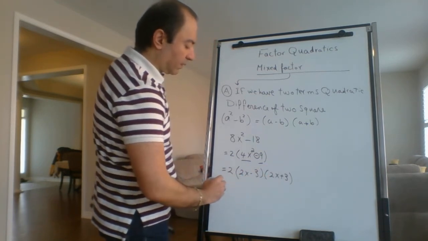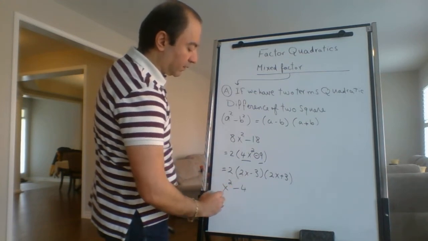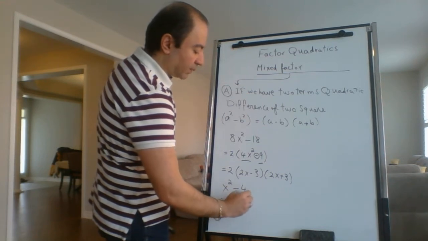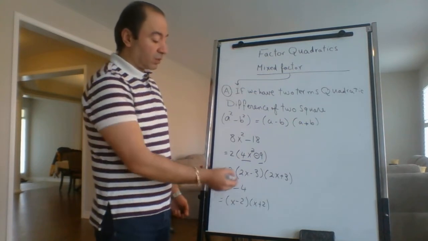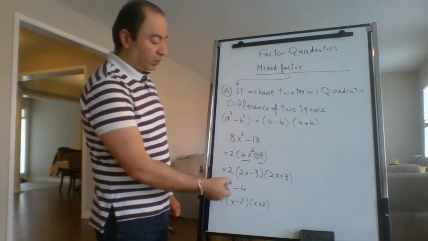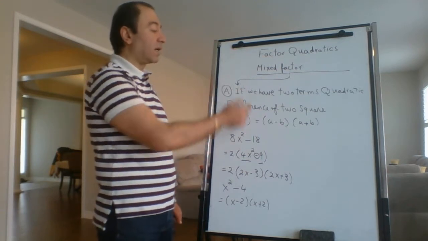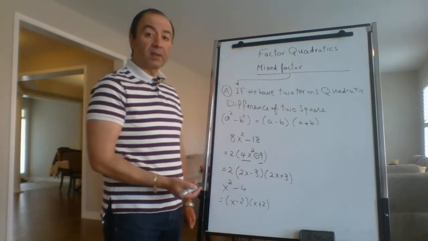Another example, if we have x squared minus 4, we factor this as x minus 2, x plus 2. So there is no common factor, I just looked, and found a perfect square minus a perfect square. That means I have to factor the difference between two squares this way.